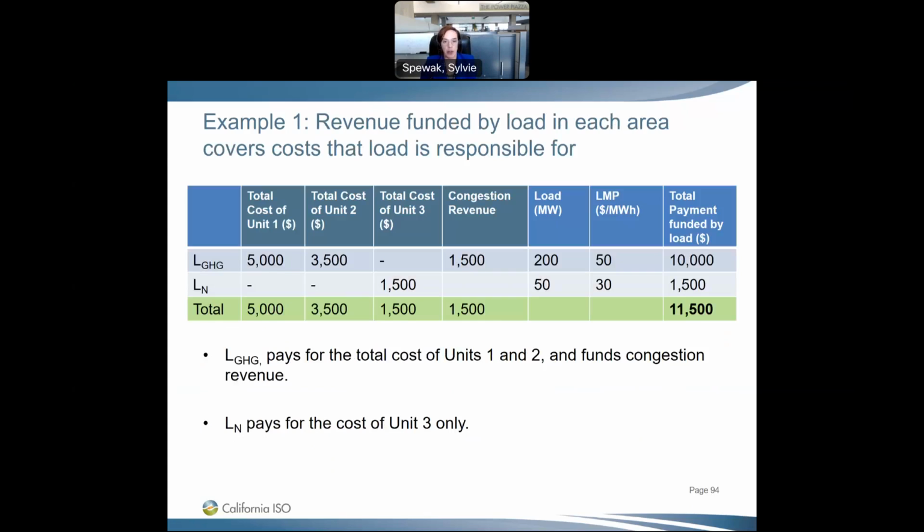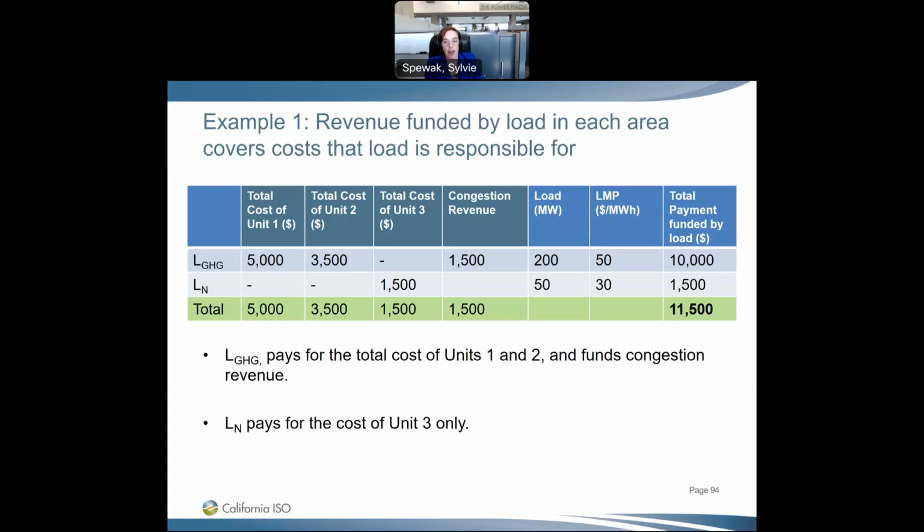So load in the GHG area was 200 megawatts. The price signal in the GHG area is $50 per megawatt hour. So the total payment funded by load in the GHG area is going to be $10,000. Similarly, we've got 50 megawatts of load in the non-GHG area.